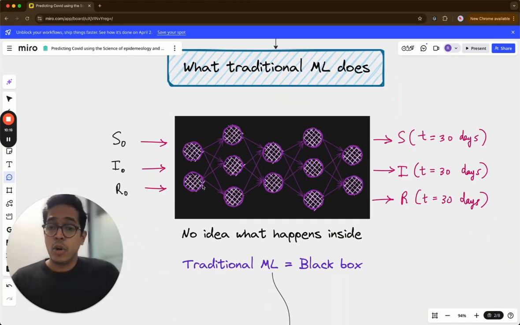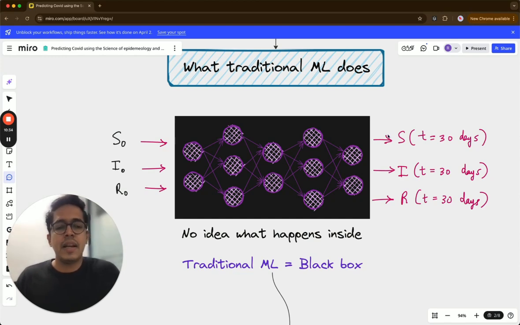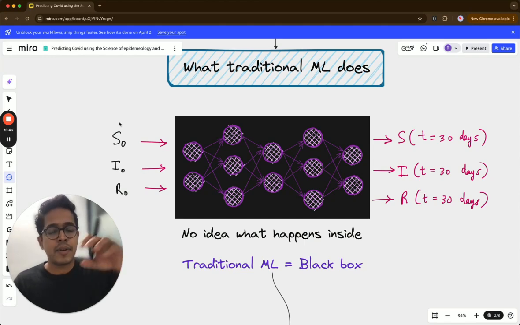You could think of it as having three inputs: the initial susceptible population, initial infected population, and initial recovered population. With those as inputs, let's say you are trying to predict the number of susceptible, infected, or recovered people at the end of the month, so that you can know where the virus is heading. To make predictions like this, you will have to train the neural network with a large number of data sets of virus spreading at different places.